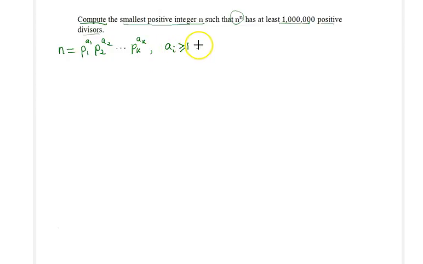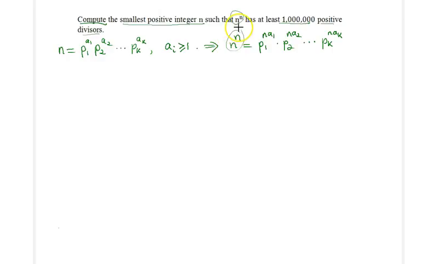Okay, and therefore this would imply that n to the power n can simply be written as p1^(n·a1) times p2^(n·a2) all the way to pk^(n·ak).